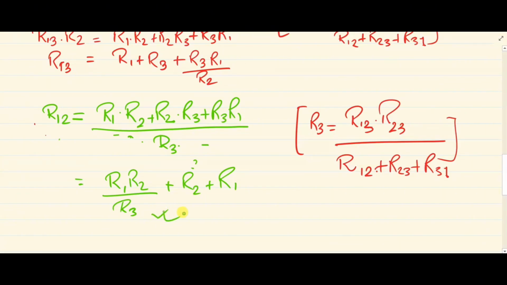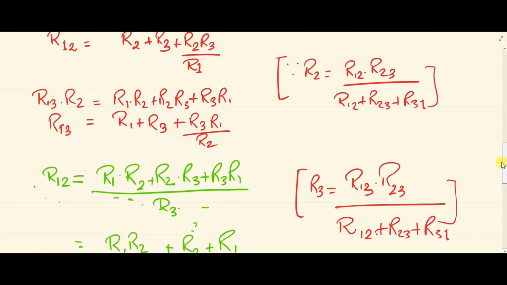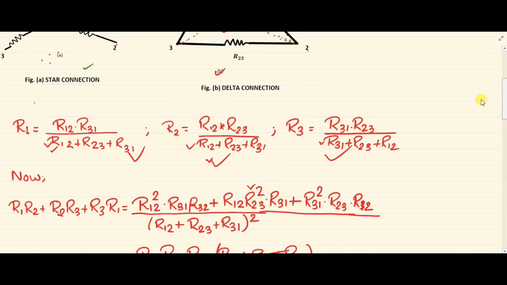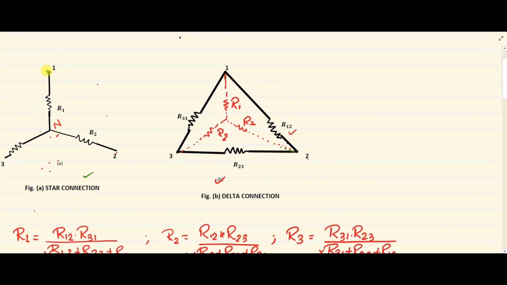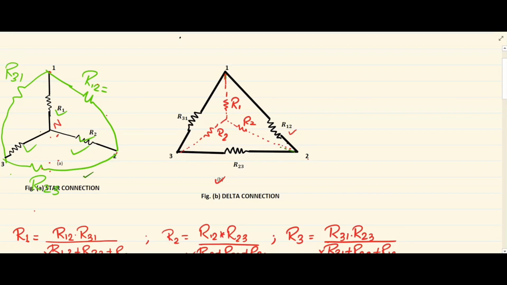So that's how you can identify the formula which will help you to convert the star connection into a delta connection. If you are drawing the resistors in the outermost circuit like this, now you can easily find the value of this R12, which is given by the formula using this and this. Similarly, for R23, these two resistors will be used. Similarly R31.